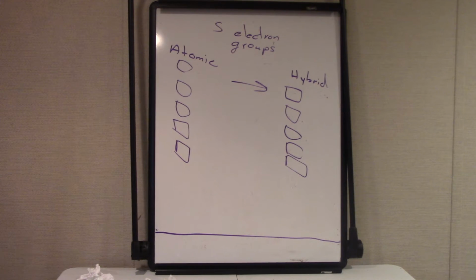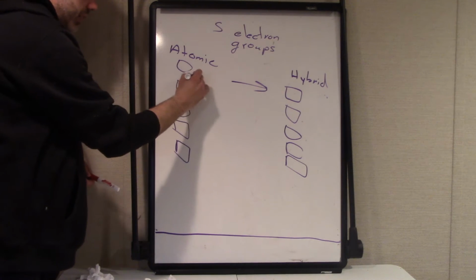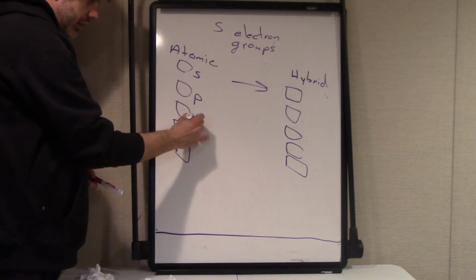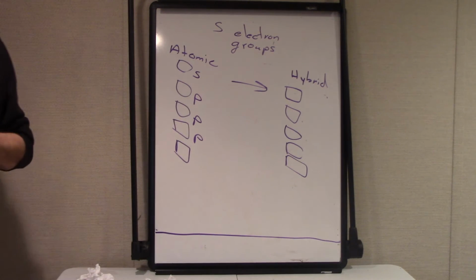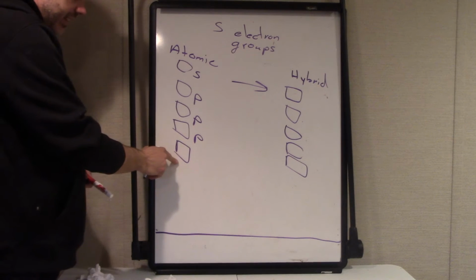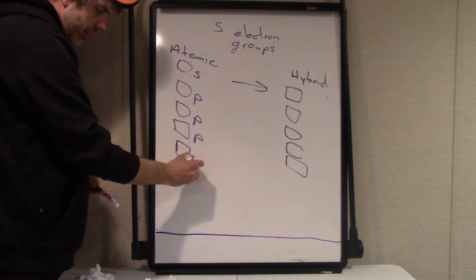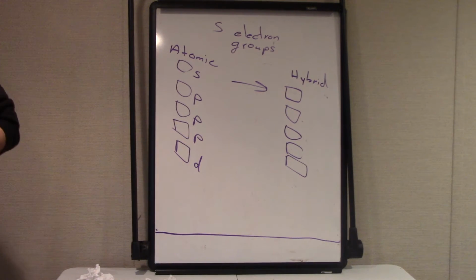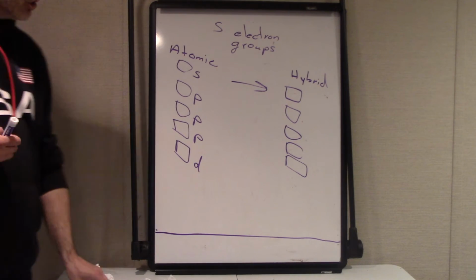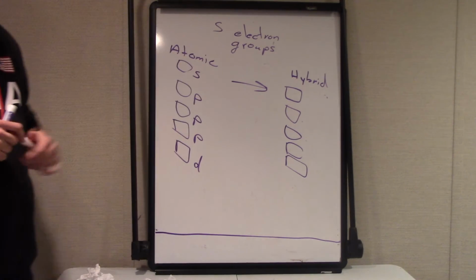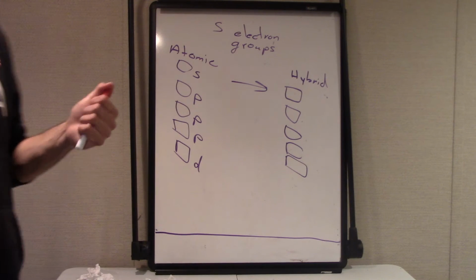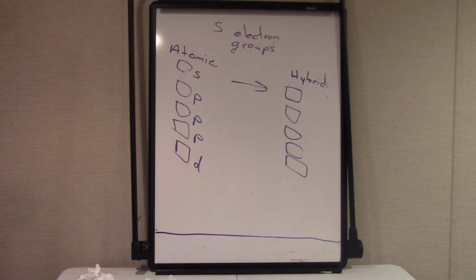What's going to be the identity? Start with an s. I have one s. I have three different p's that I can use. Now I'm out of p orbitals, so now I have to use d orbitals. And we know we have to have d orbitals anyway when we're expanding beyond the octet, which is what happens with 5 electron groups.